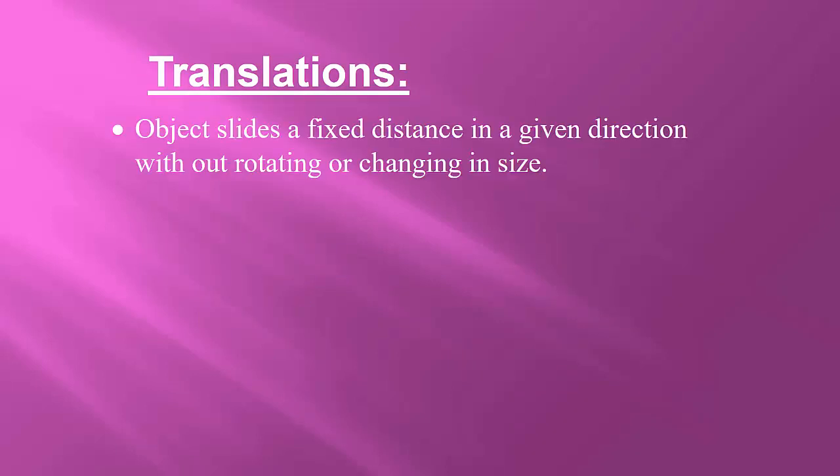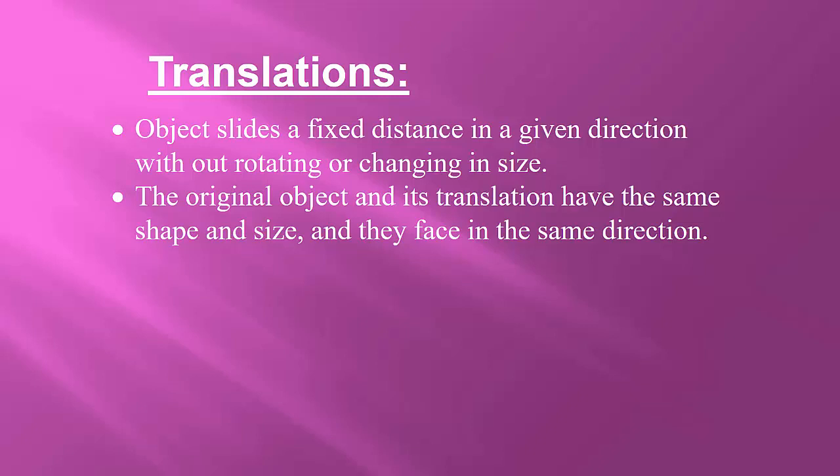Translations. Within a translation, an object slides a fixed distance in a given direction without rotating or changing in size. The original object and its translation have the same shape and size, and they face in the same direction.